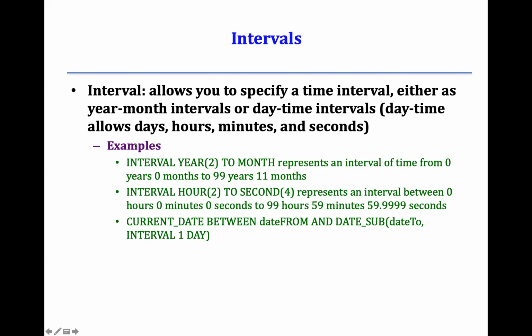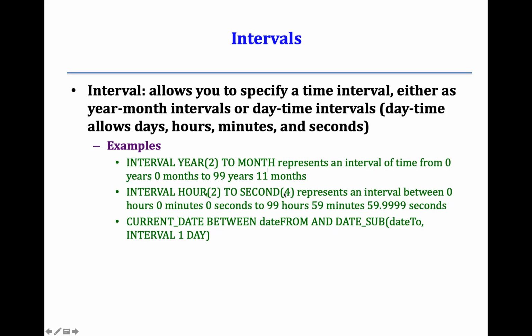So for example, for an interval, you specify the biggest part first, so year down to month. This would represent anything from 0 years to 99 years, 11 months. Here, I'm going down to hour 2, down to second 4. So this gives me an interval down to 0.999 seconds.